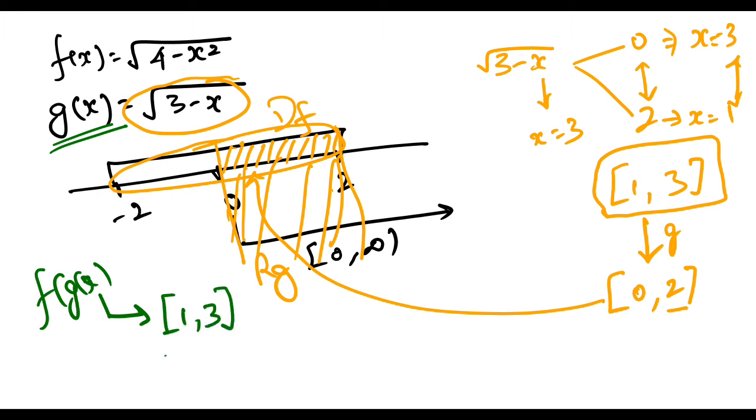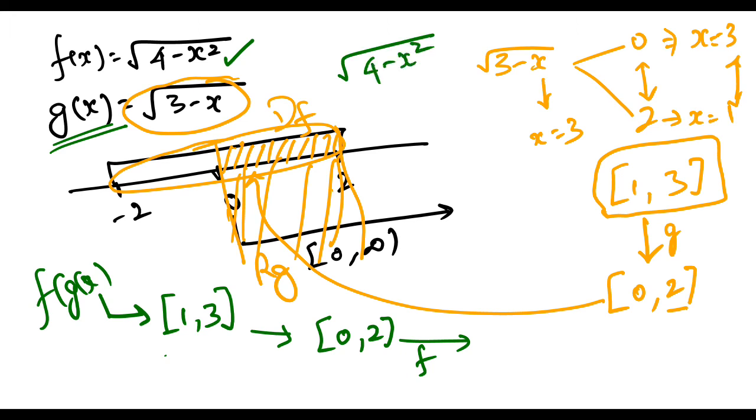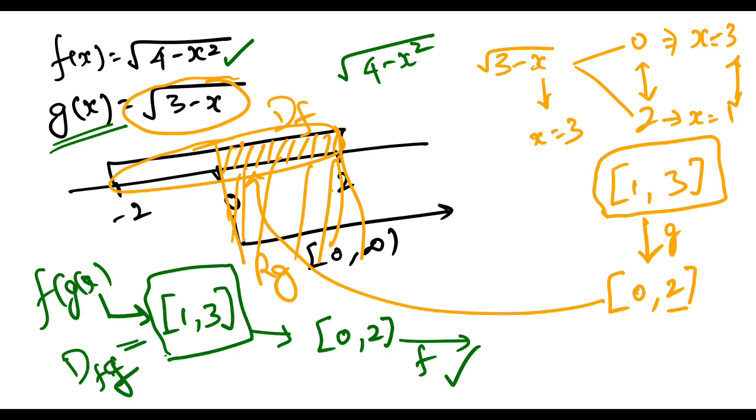If I consider the x values between 1 and 3, then I'll get the output between 0 and 2, and then I can easily operate f on 0 and 2 because I can do square root of 4 minus x square between 0 and 2, which is possible. Therefore, I can do f of g of x. So the restricted domain now is the domain of f of g of x. So this is called restricting the domain.